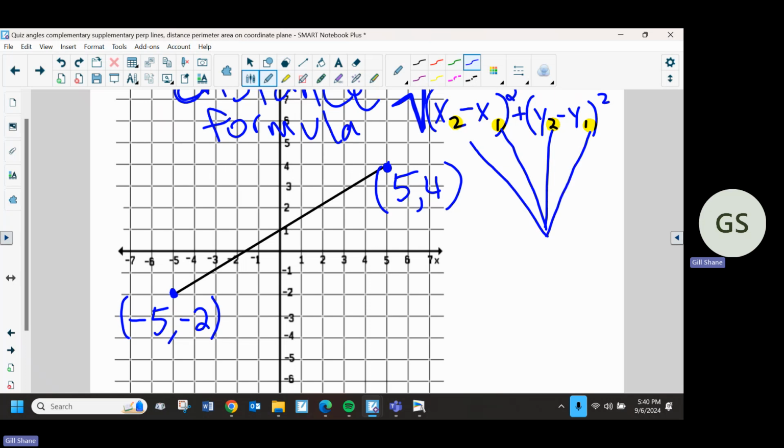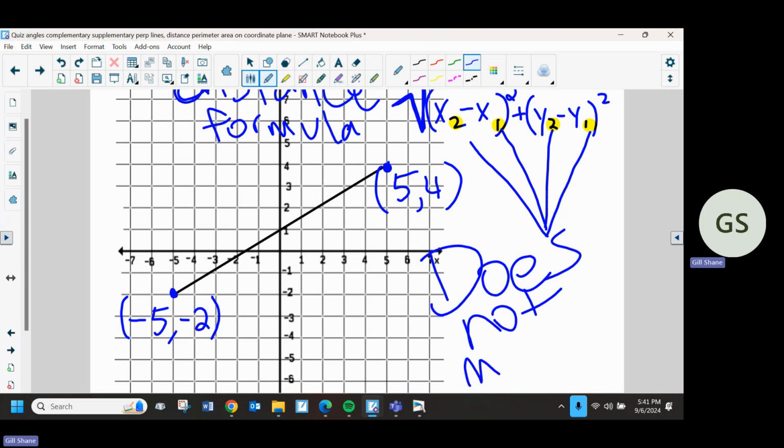We're talking about X2, which would be from our second point, and X1 from our first point. Y2 from our second point, Y1 from our first point. It does not matter which point is the first point or which point is the second point. It'll still work out. You can try it both ways and you'll see that.